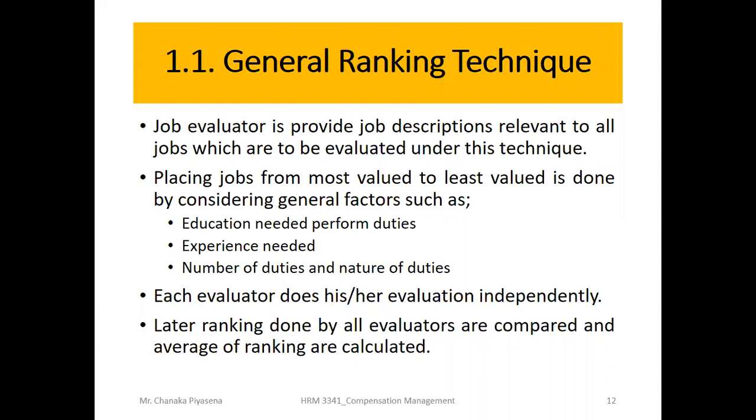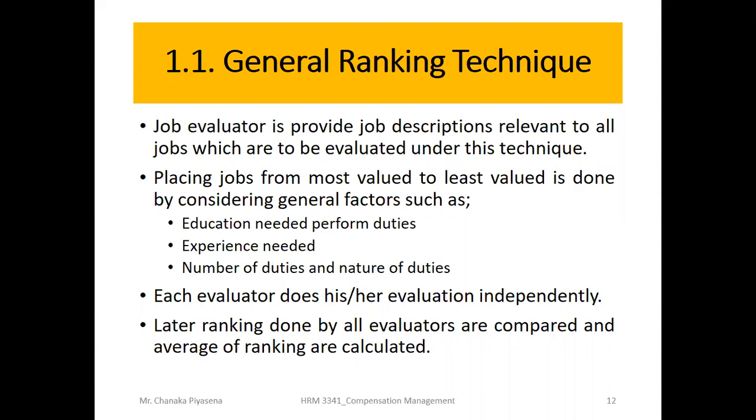We circulate all the relevant information, that means job analysis information relating to all the jobs, to be evaluated.